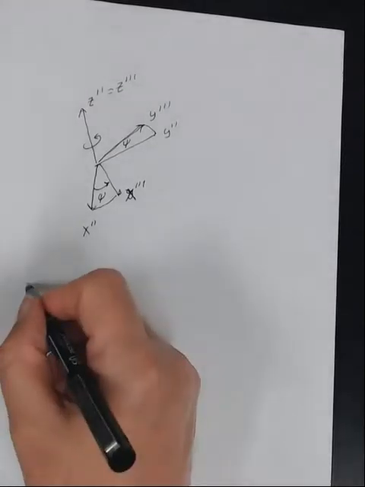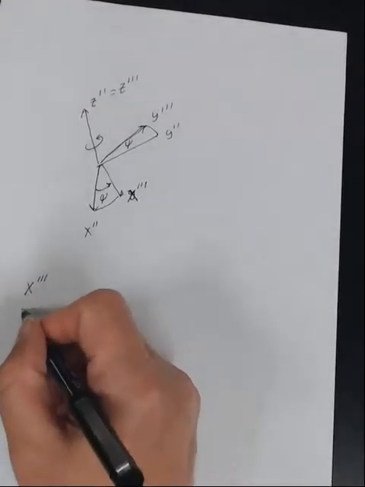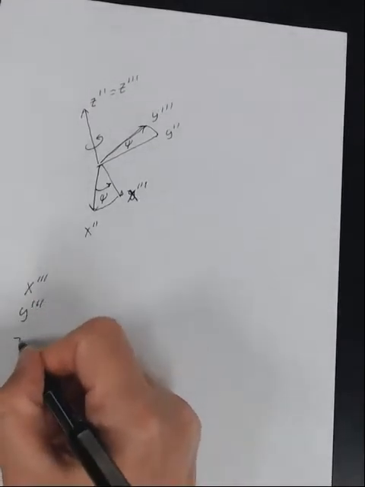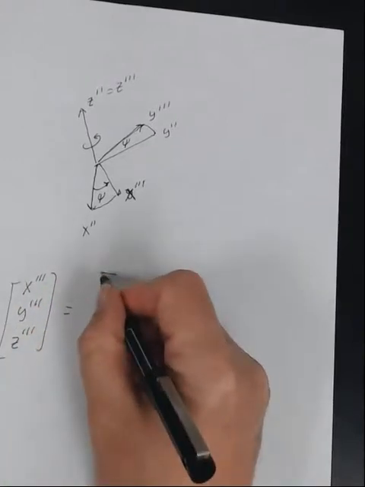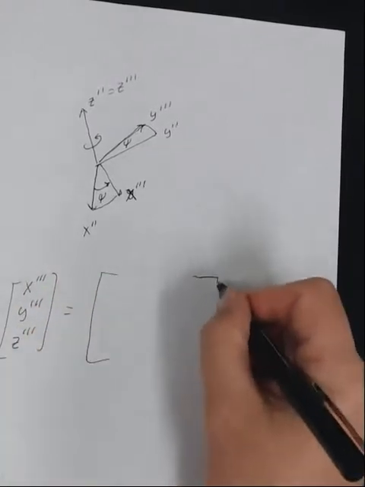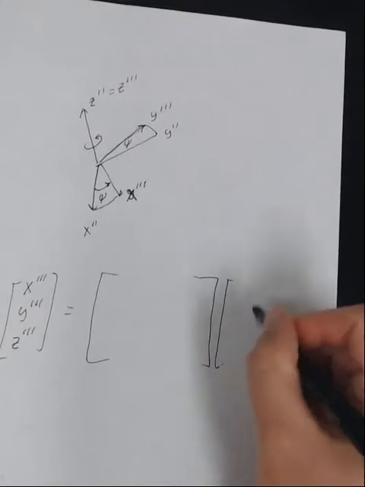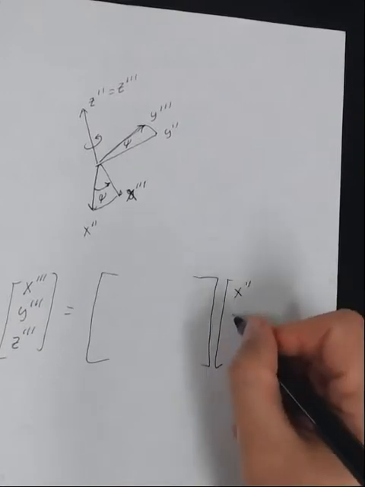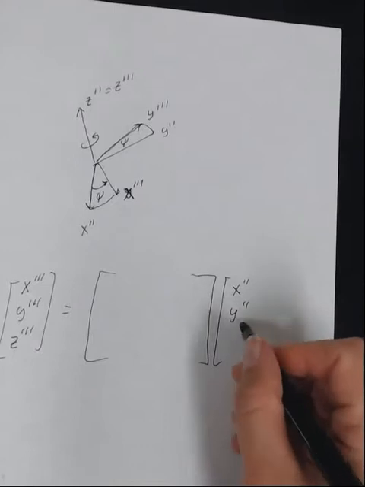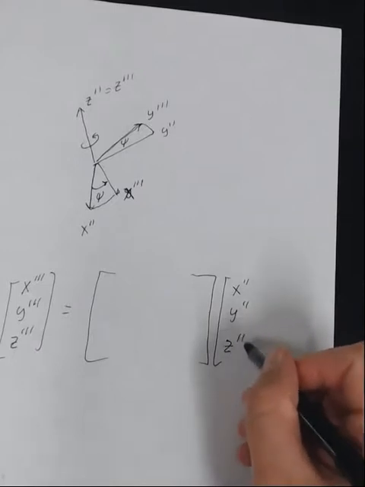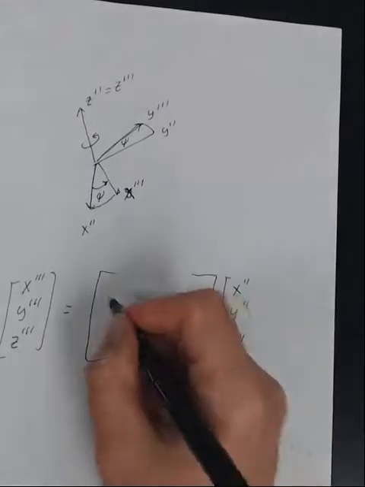So now we have x, y, z. The new coordinates, the final coordinates, are going to be in terms of x double prime, y double prime, and z double prime.